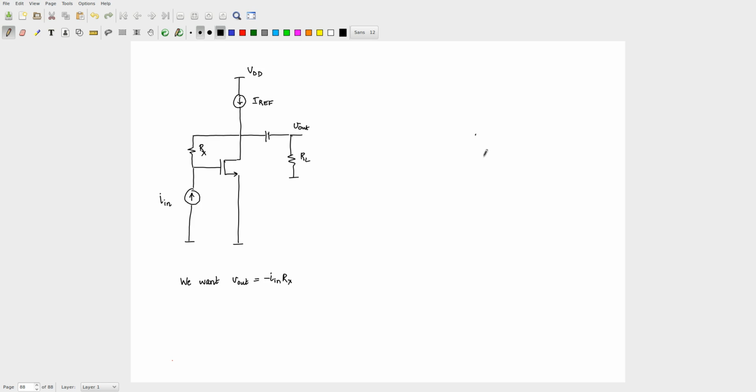Now if you want to draw the incremental circuit for this, how will it look? I have my GM times VGS, this is to ground. Then I have my I in. Also, let me assume that this I in is not a perfect source, so it has a source resistance associated with it.